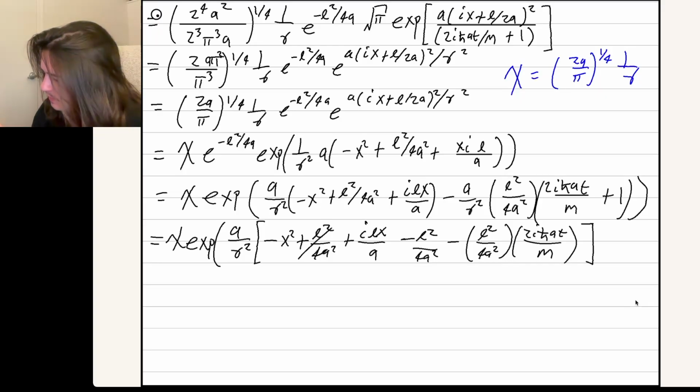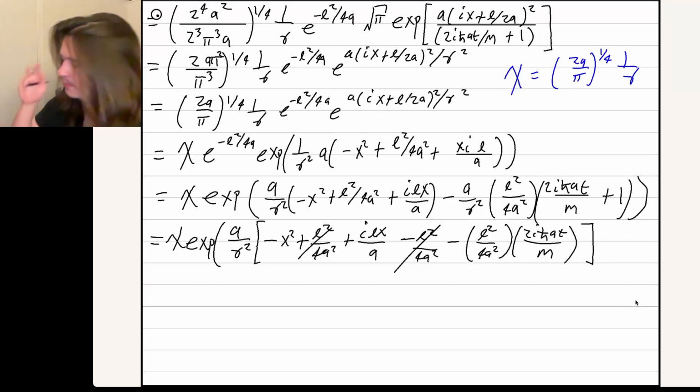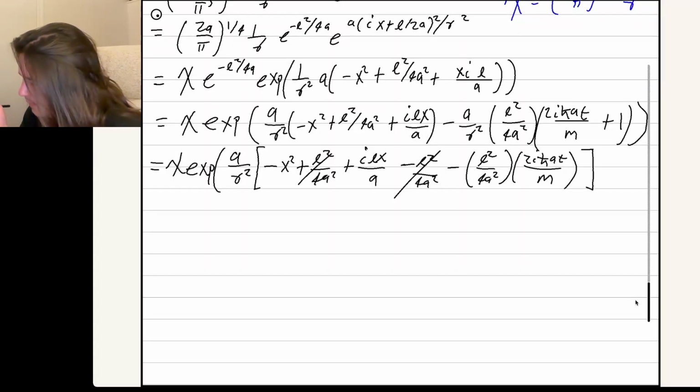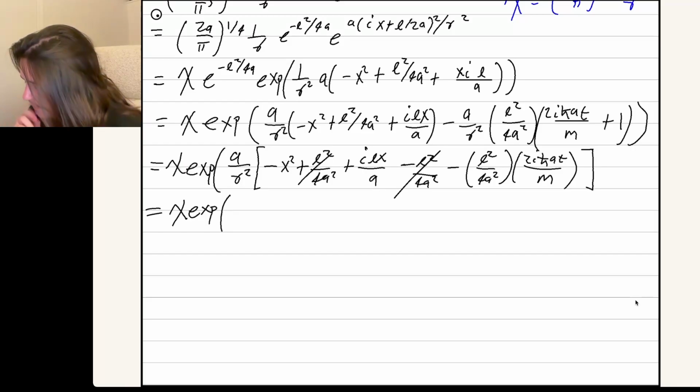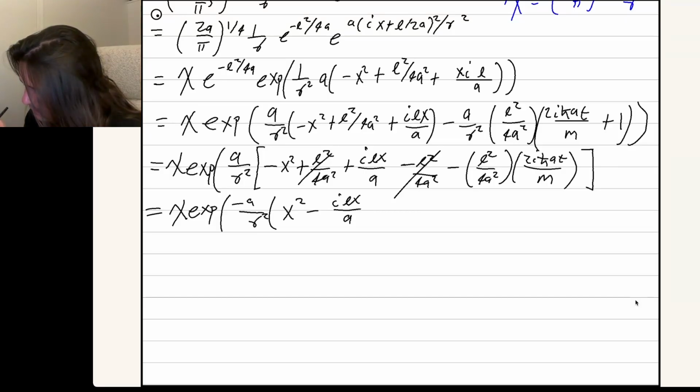So this term does cancel out this term, right? And now I actually want to factor some minus signs out. So we'll have a minus a over gamma squared. This is going to be x squared minus ilx over a minus l squared.